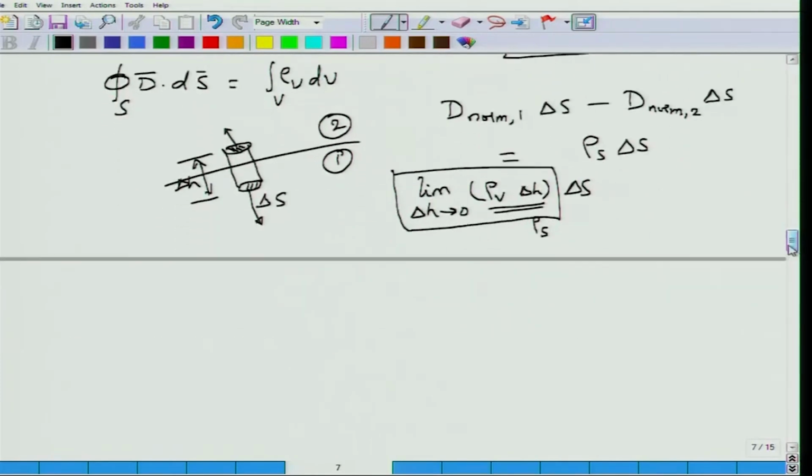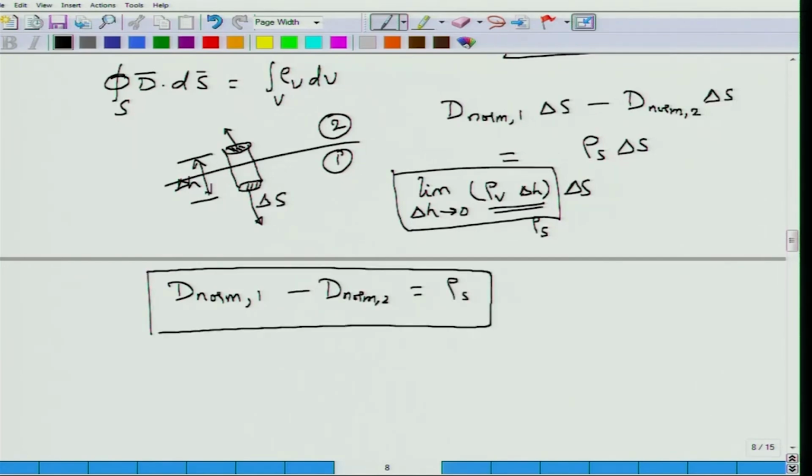We have obtained a relationship between the normal components of the D fields: D normal 1 minus D normal 2 must be equal to the total surface charge that is kept. In cases where rho s is equal to 0, which happens if you are not placing any charge deliberately and these are perfect dielectrics, the normal components of the D fields will be equal.